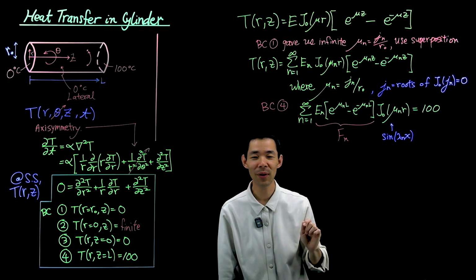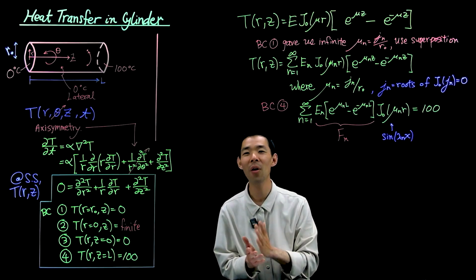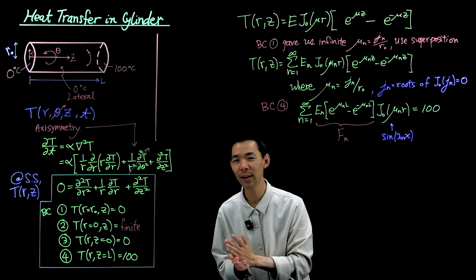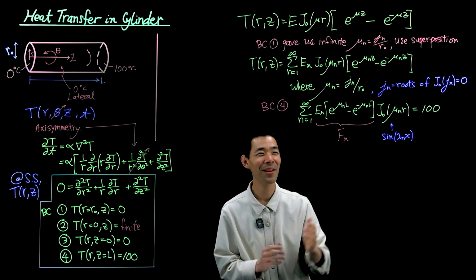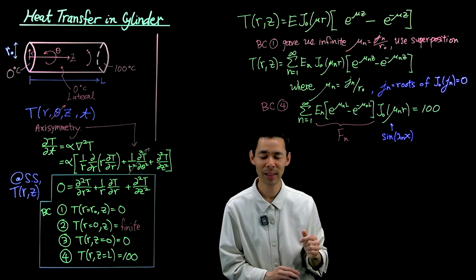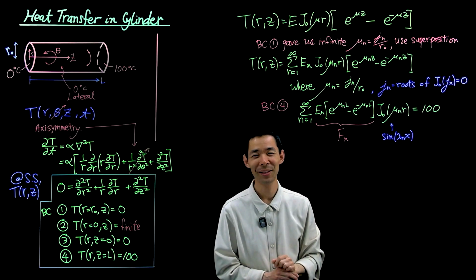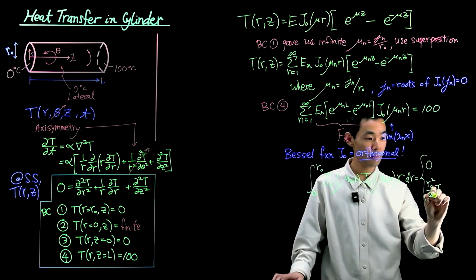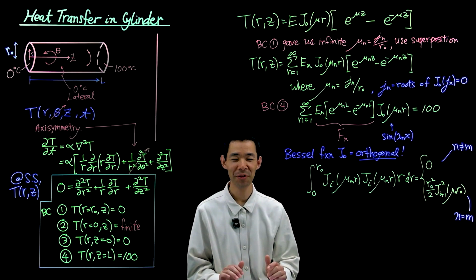Now, Bessel's function, just like sines and cosines, are orthogonal eigenfunctions or orthogonal basis functions. So you could use orthogonality to obtain the coefficients f sub n, just the same way we obtain coefficients for sines and cosines. So Bessel's functions are orthogonal functions.